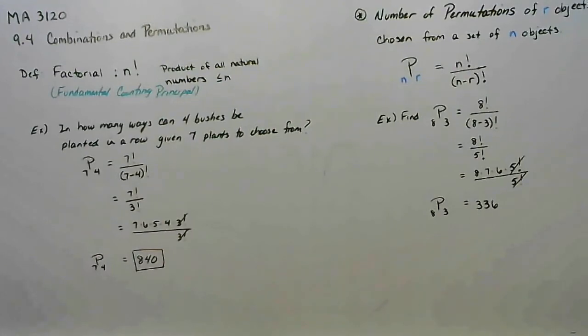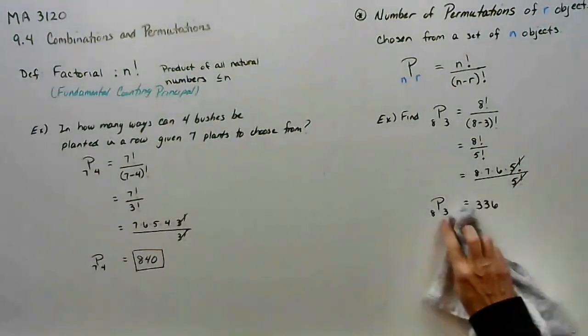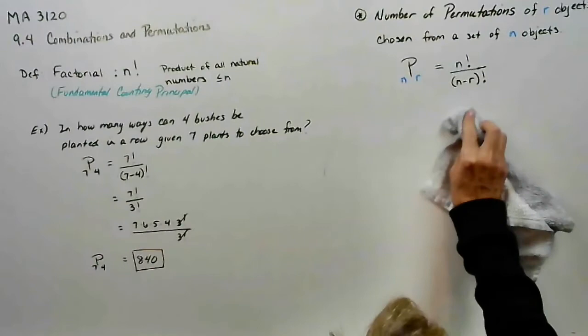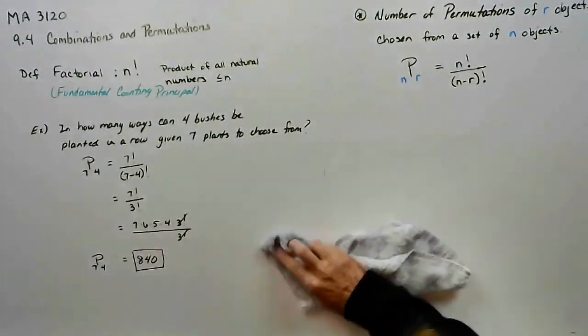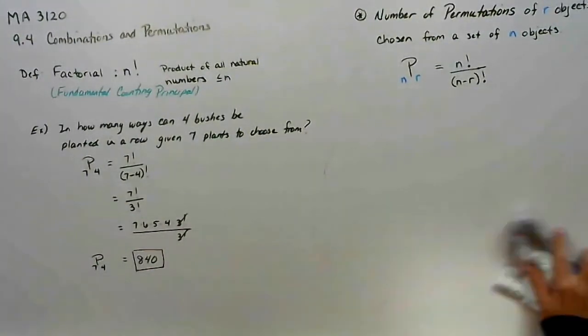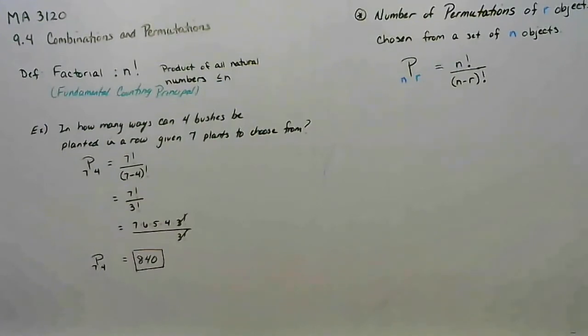Now, a real classic is arranging letters in a word to create other arrangements. Not necessarily words, but other arrangements of letters. I'm going to do 2 examples: one where you don't have any letters repeating, and another where you do have letters repeating.